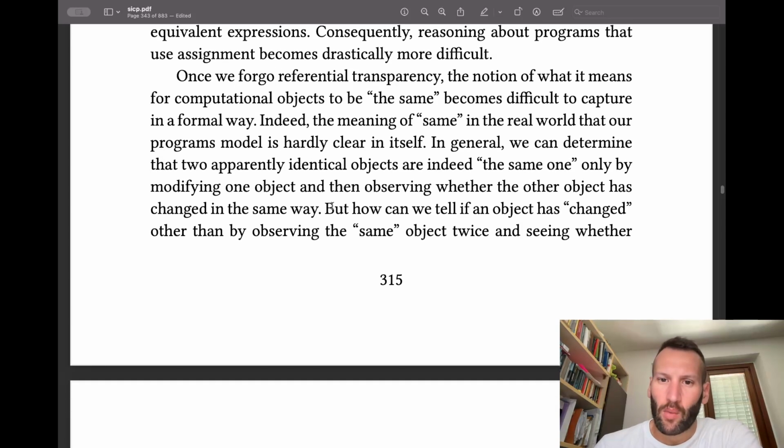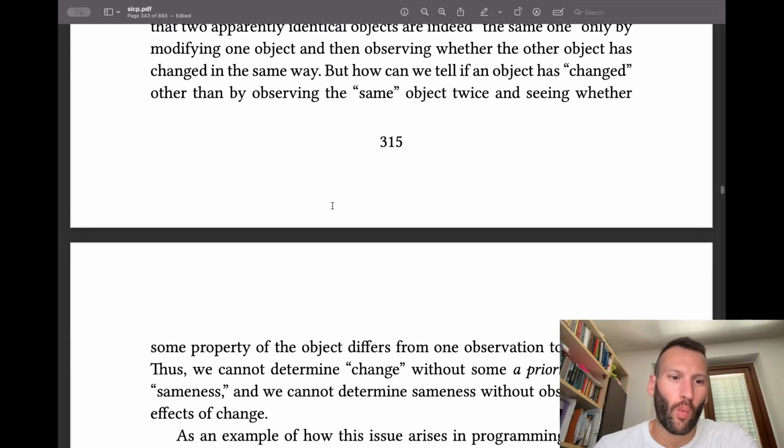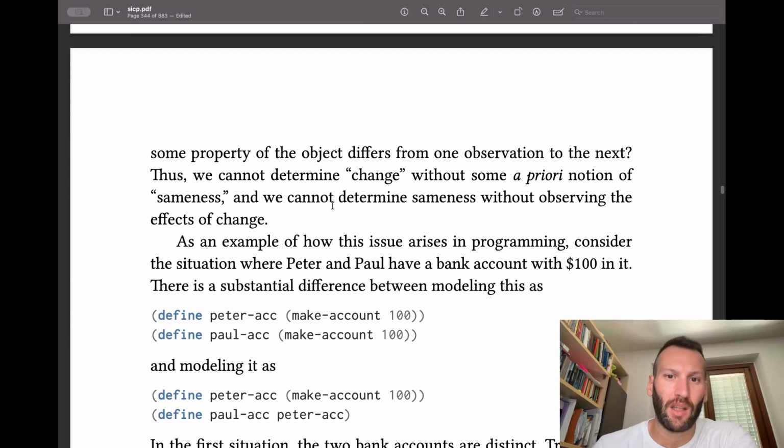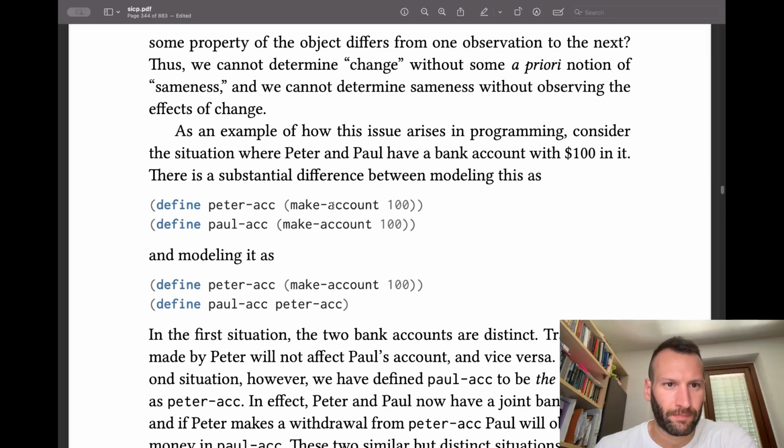But how can we tell if an object has changed other than by observing the same object twice and seeing whether some property of the object differs from one observation to the next? Thus, we cannot determine change without some a priori notion of sameness, and we cannot determine sameness without observing the effects of change. Okay, this is clear.